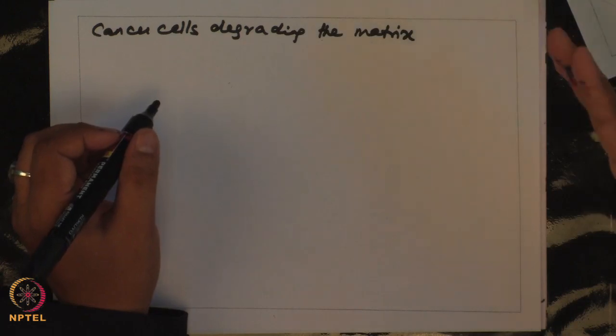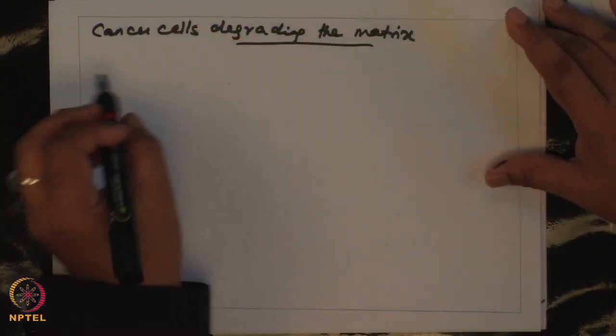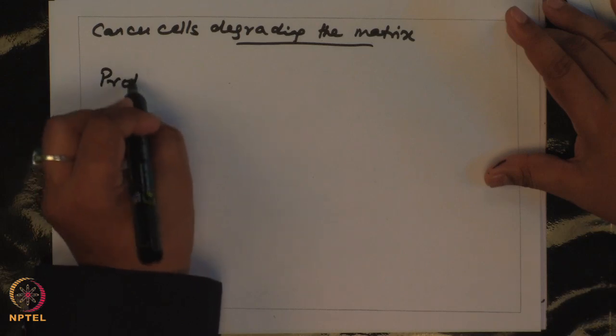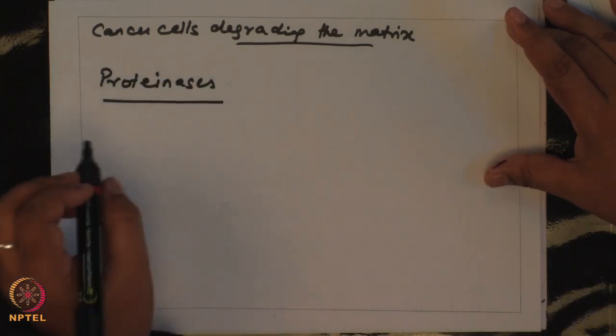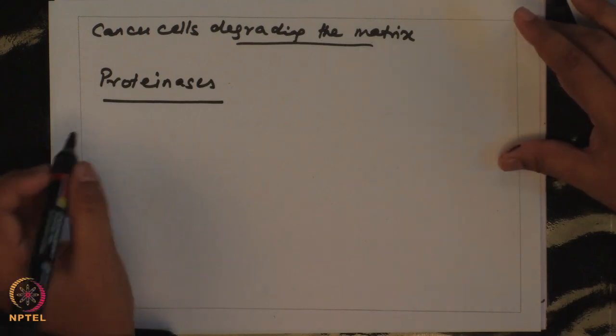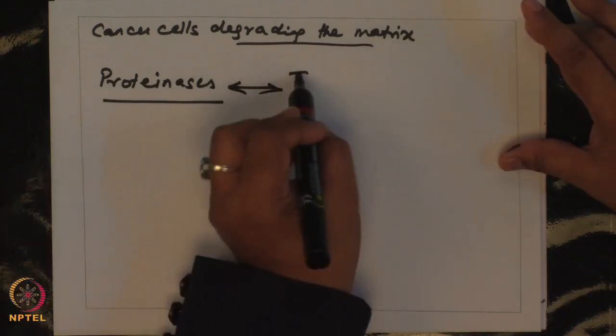Not only does stiffness stimulate cells to proliferate, but the invasion must be associated with a mechanism which allows cells to secrete proteases to degrade the matrix. Degrading this matrix is mediated by a class of proteins called proteinases. This has been linked to tumorigenesis.